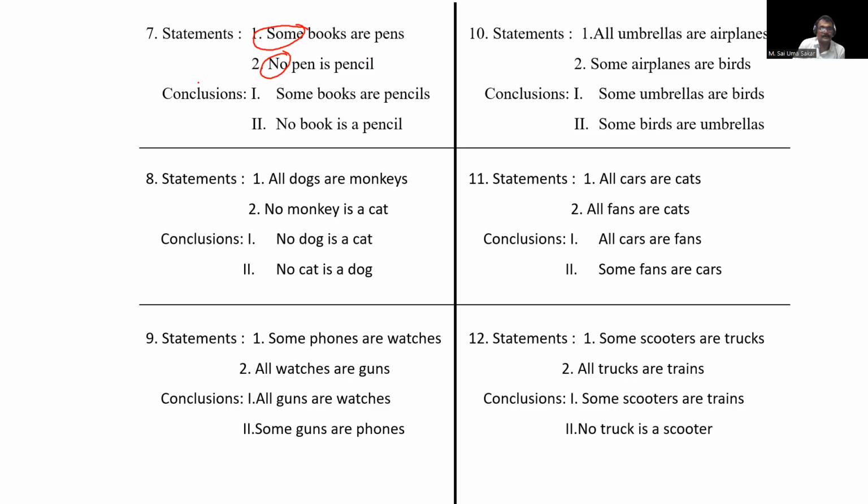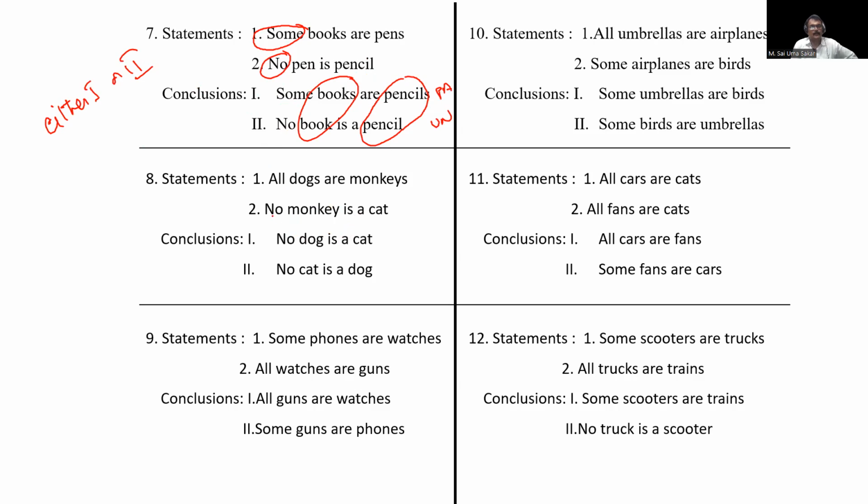Complementary pair. Here this is the particular affirmative and this is the universal negative. Here subject is books and books, and predicates pencil and pencil. So what happened? Both are satisfied. So what is the answer? Answer is either 1 or 2. Why? Because this conclusion satisfies the complementary pair.